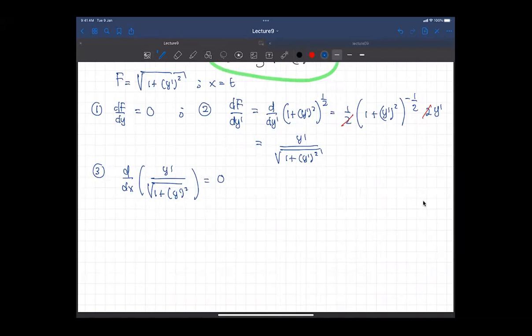And this equation here can be seen as ODE, ordinary differential equation.